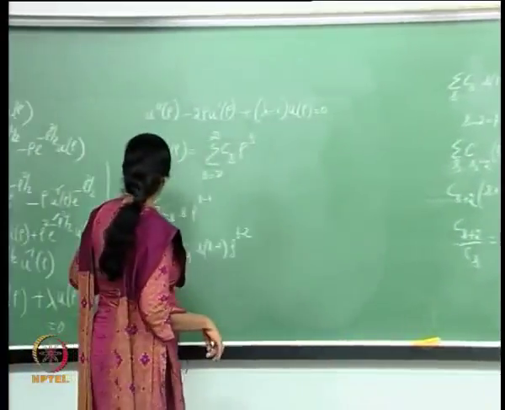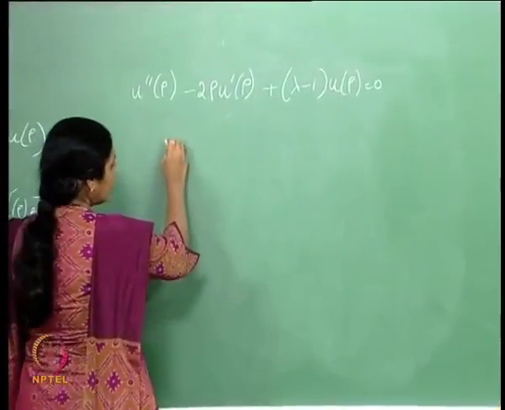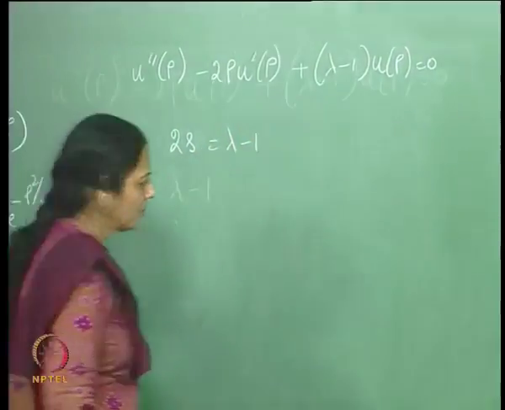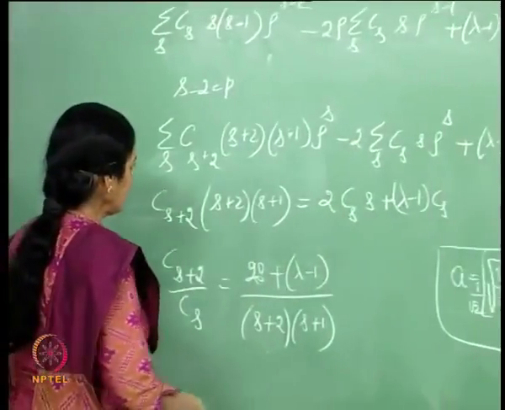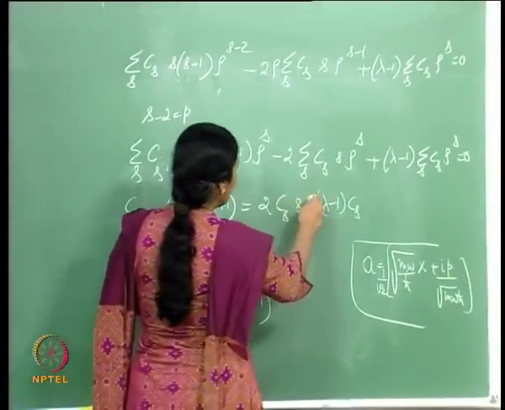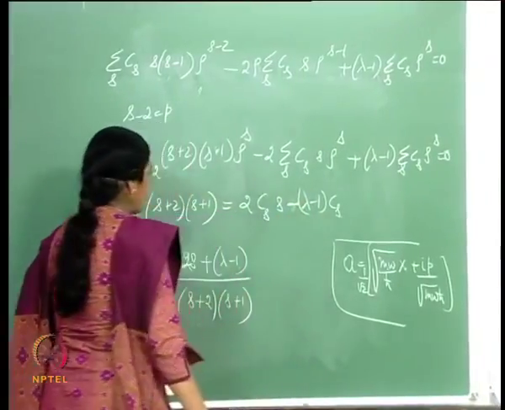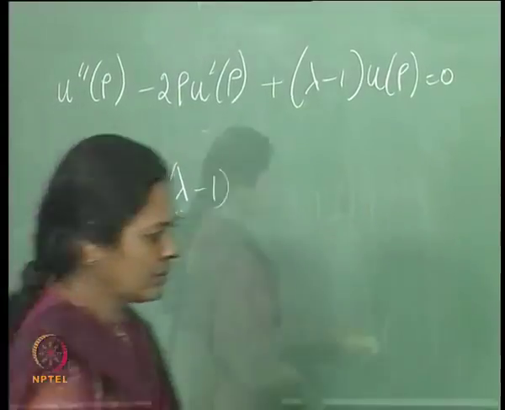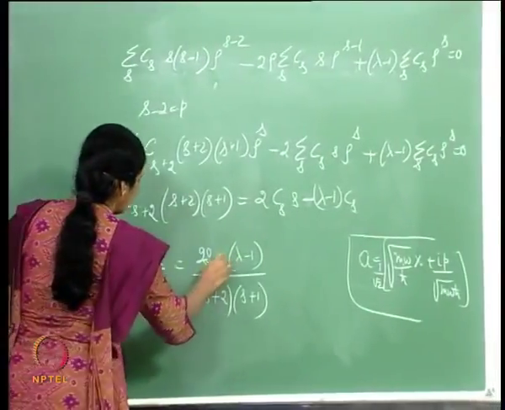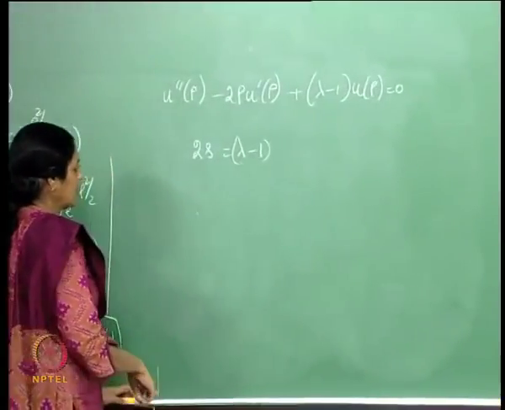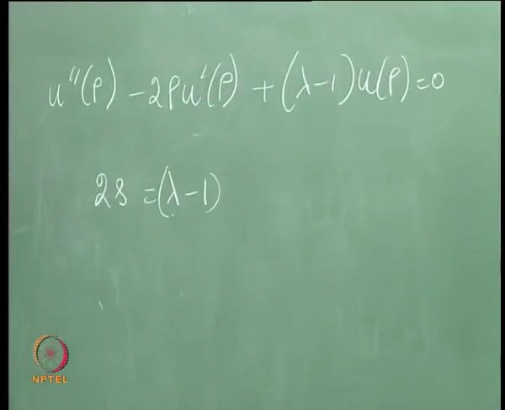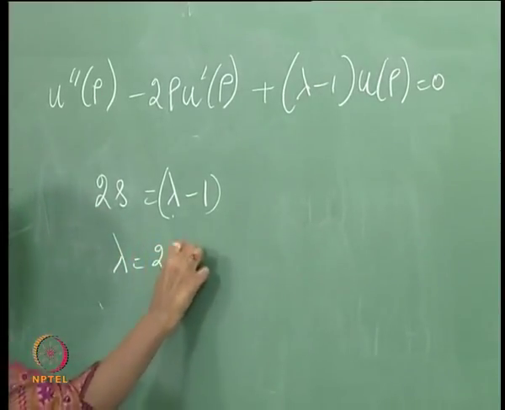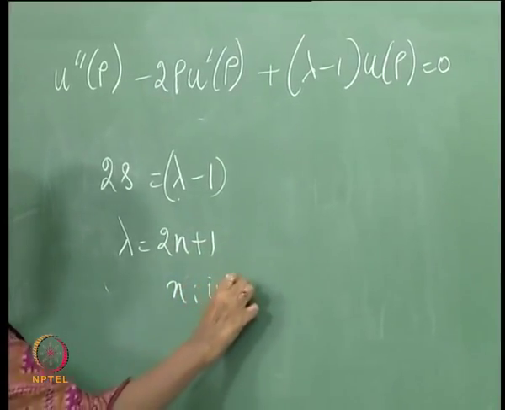And that is possible because if 2s is equal to lambda minus 1, oh, this is 2s plus 1 minus lambda here. If 2s is equal to lambda minus 1, then I know that the series truncates. But since s is an integer, lambda must be equal to 2n plus 1, where n is a positive integer.